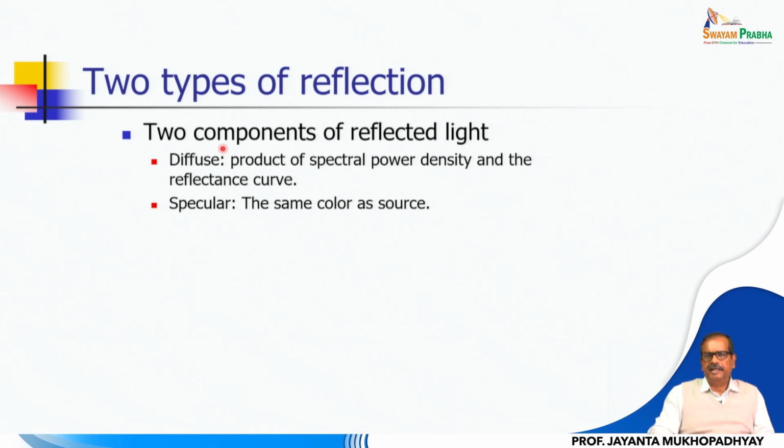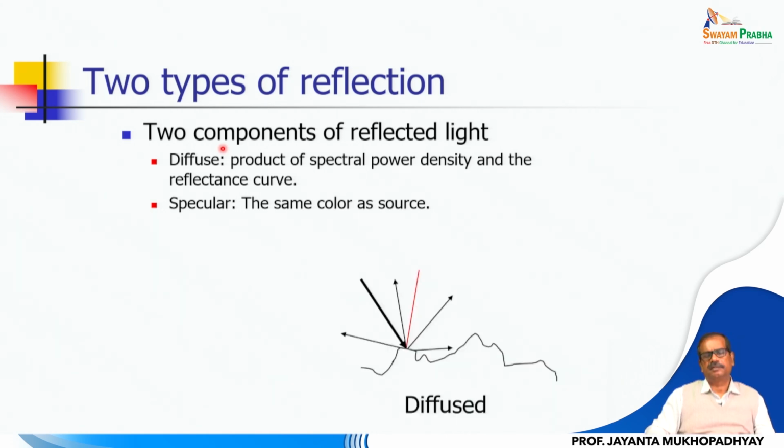Usually we do not directly record the light source, because that would overexpose either the sensors or films. So it is the reflected light that we usually record. Now, there are two types of reflections we can see in nature. One is called diffuse, another is called specular.